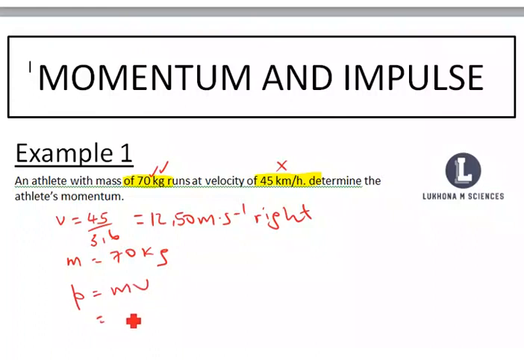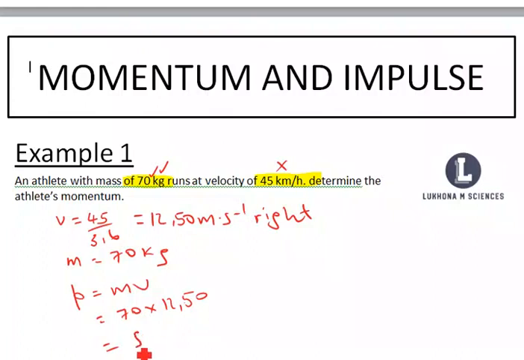The mass is 70 times the speed is 12,5. So the answer is, it's 70 times 12,5. It's 875.